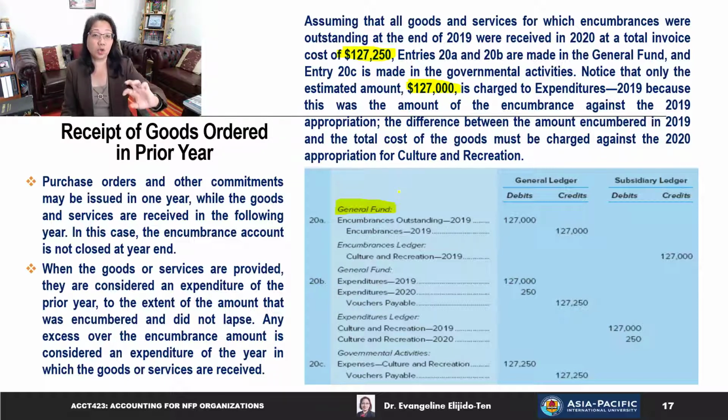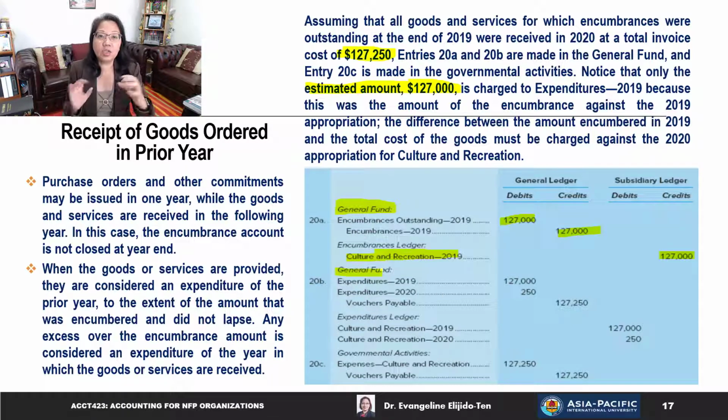So the journal entry would be first to debit the encumbrances outstanding for the previous year, 2019, and credit encumbrances 2019 for $127,000. Then in the encumbrances ledger, let's say this is for culture and recreation in 2019, we'll put in the subsidiary ledger a credit of $127,000.